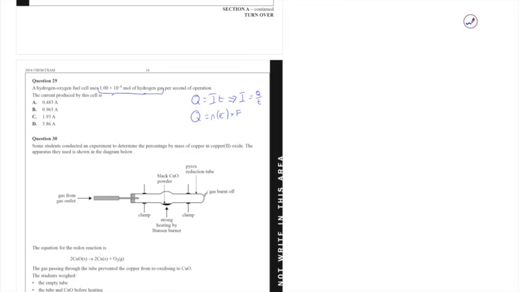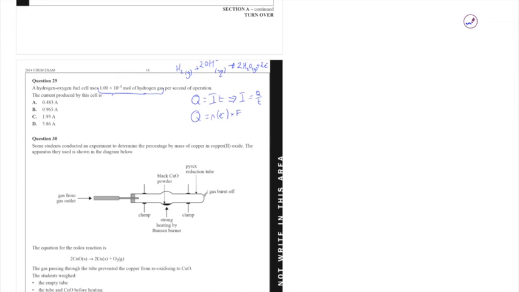So I've got the moles of hydrogen gas, but how am I going to work out the moles of electrons from that? Well, by looking at the electrochemical series, there's a couple of different equations which I can use, which involve hydrogen gas. I'm going to pick one of them. They both give you the same result, however. So I'm going to pick H2 gas plus 2OH minus aqueous goes to 2H2O gas plus 2e minus.